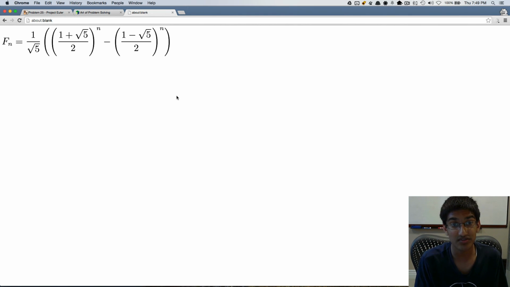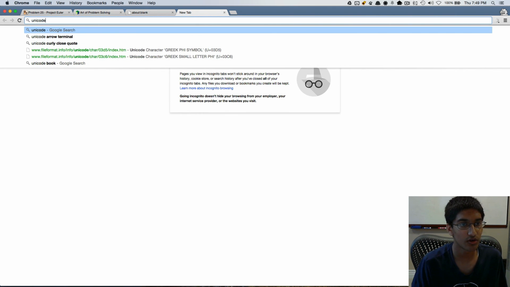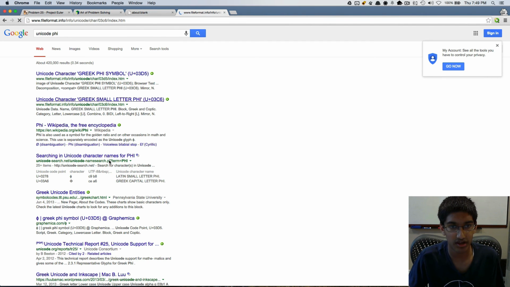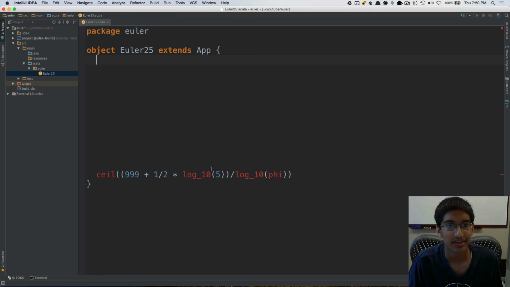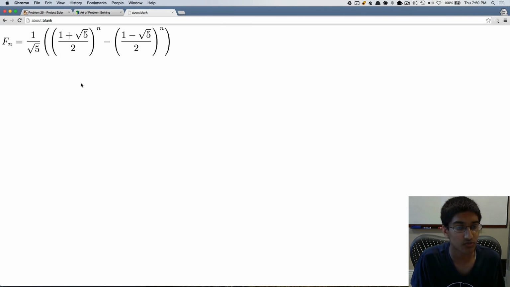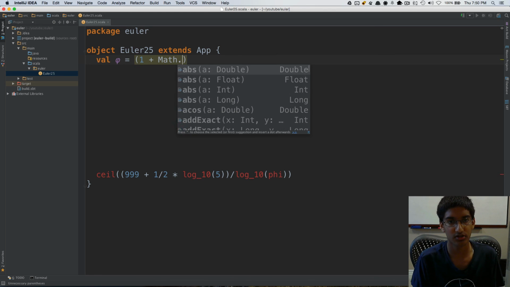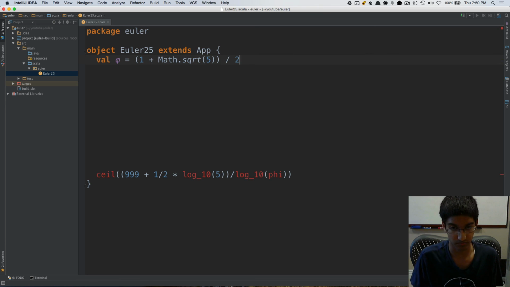And in Scala, because of support for Unicode, we can take Unicode phi, it's Greek small letter phi, let me scroll down, and we can copy this Unicode symbol and create a val phi. And this is going to be equal to, and phi is defined as 1 plus square root of 5 divided by 2. So we do 1 plus math dot square root of 5 divided by 2.